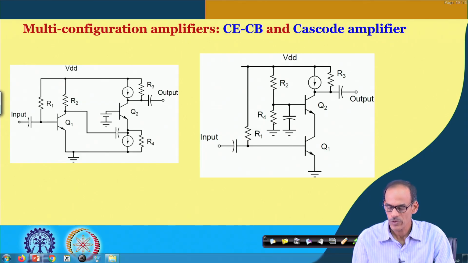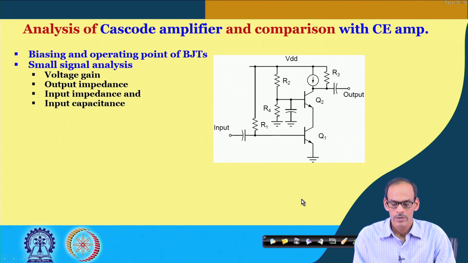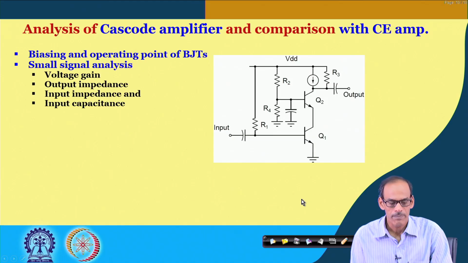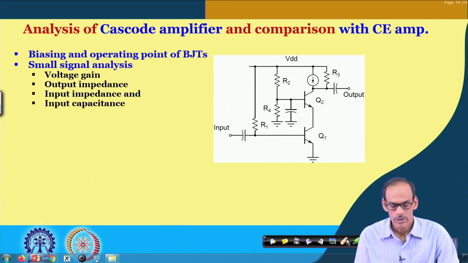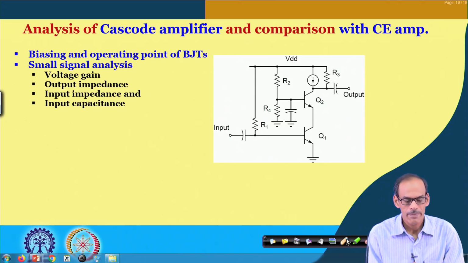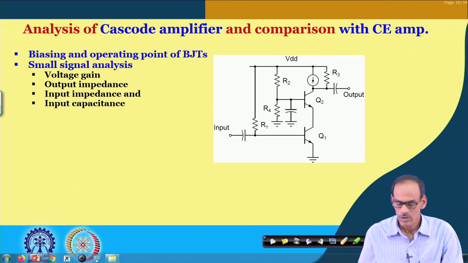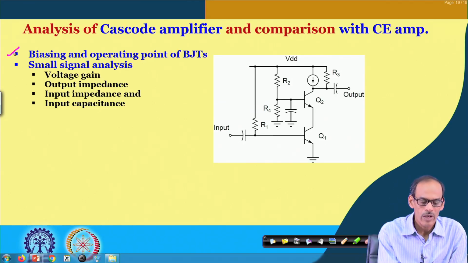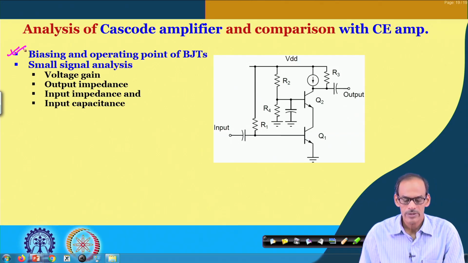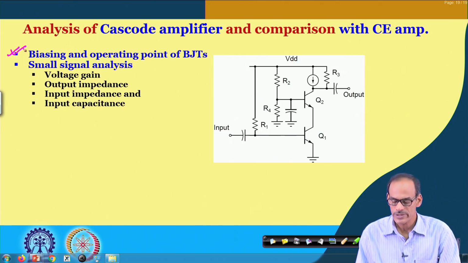So, here we do have the cascode amplifier, and let us see its analysis. Biasing and the operating point of those BJTs have been discussed.